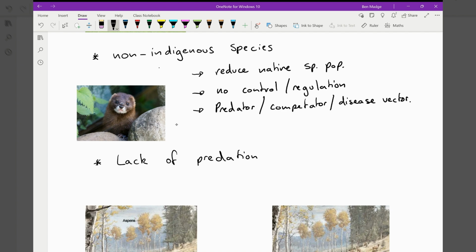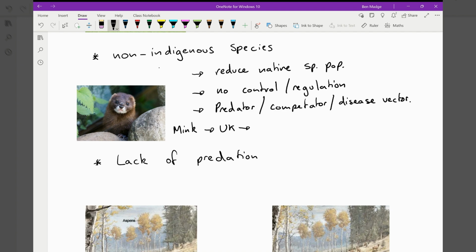And the example we have here, there's loads of examples because humans like to do this, but this is a mink. So this is a North American species that was introduced into the UK for fur farming. They were released into the UK by activists and fur farms just sort of releasing them.